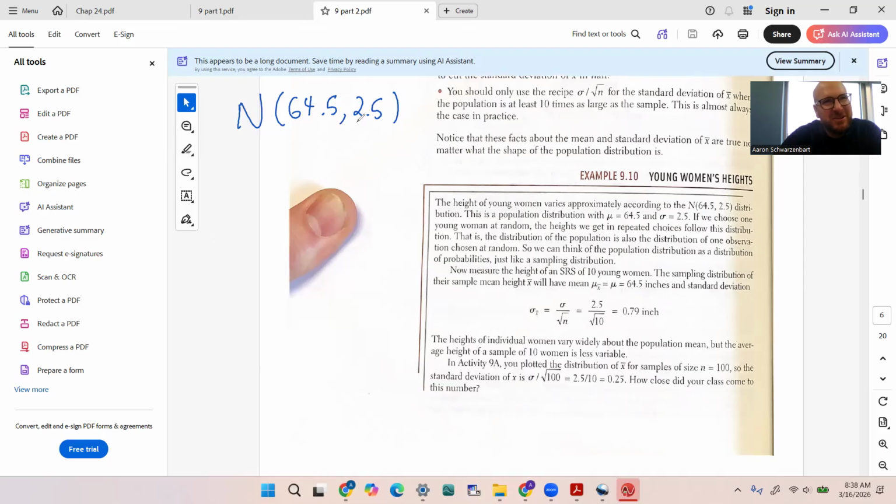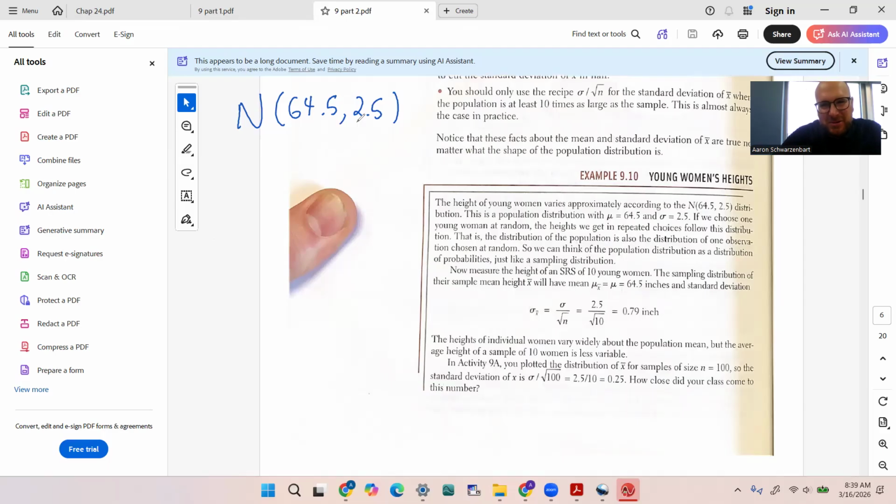B is binomial. What's N? Normal. What's the 64.5? How does that relate to young women's heights? That's the mean. What's the 2.5? Standard deviation.